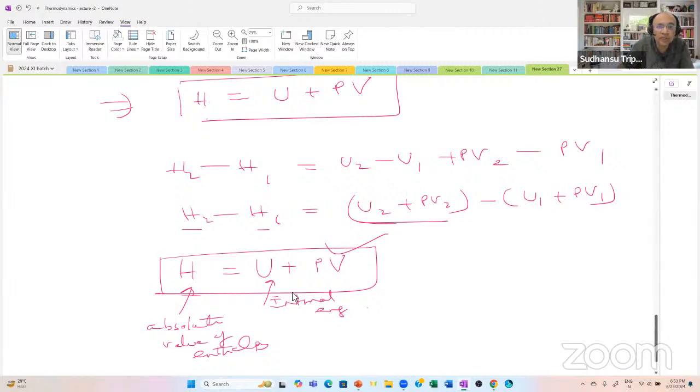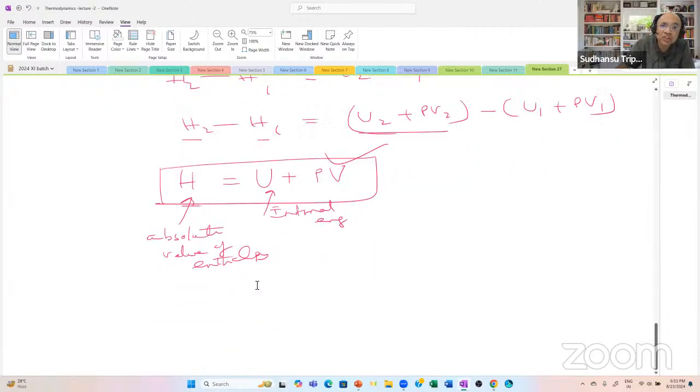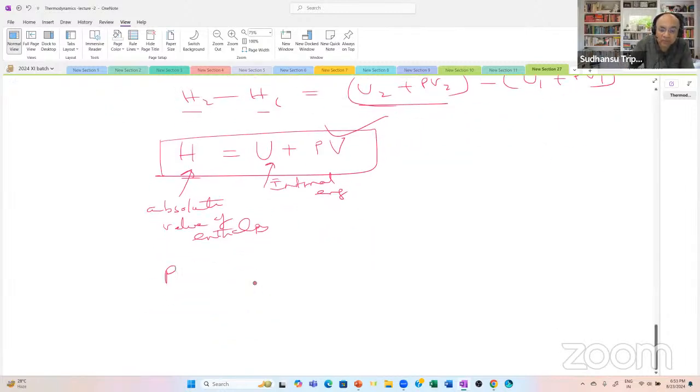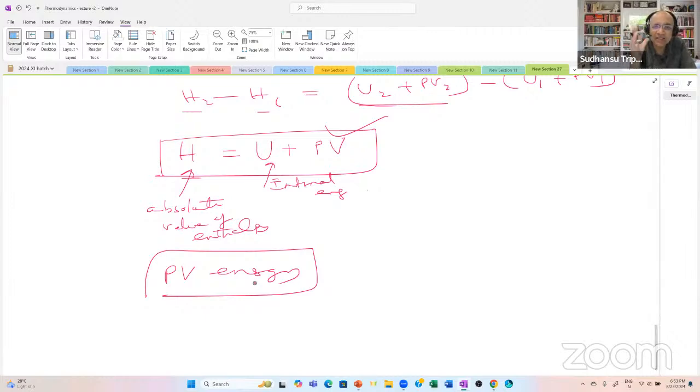All these are theoretical; nobody can measure U and H. So what is PV energy? Theoretically, it is the amount of energy that a gaseous system spends while existing in that space. To create a space for its existence, to create pressure and volume, it needs some energy. That is the PV energy of the gaseous system.